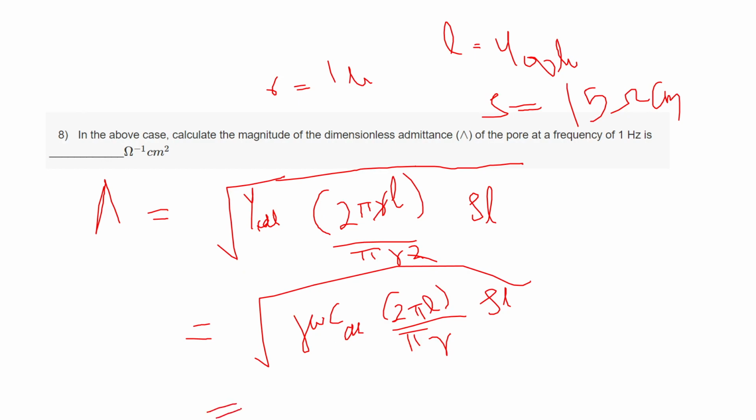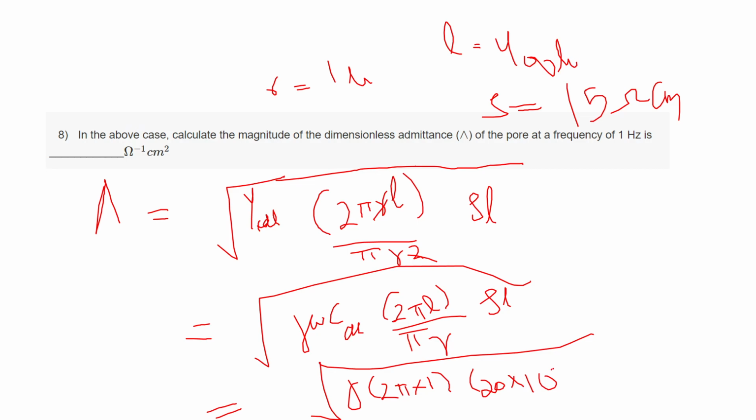So I'm substituting all the values. J, and what is omega? Just 2 pi f, right? Frequency is 1. So 2 pi into 1, CDL is 20 into 10 to the power minus 6, into 2 pi L. Pi and pi will also get cancelled.